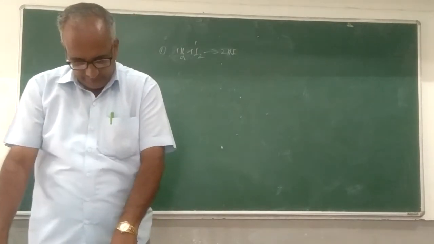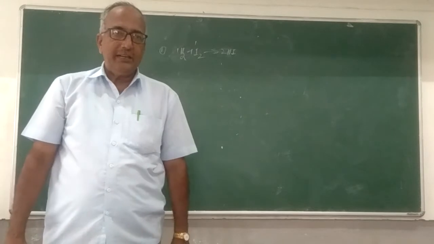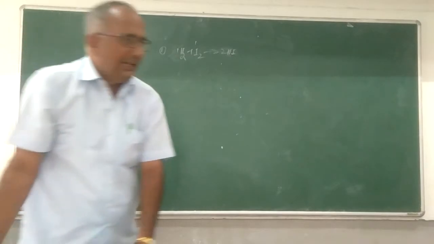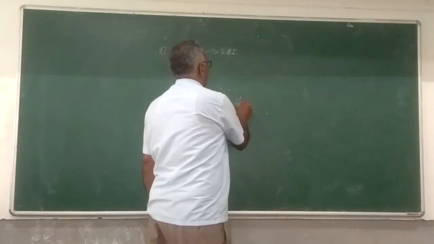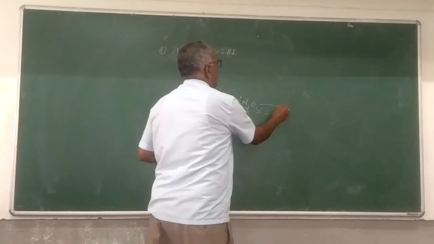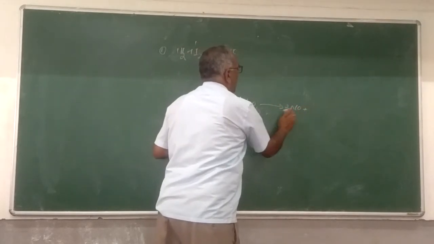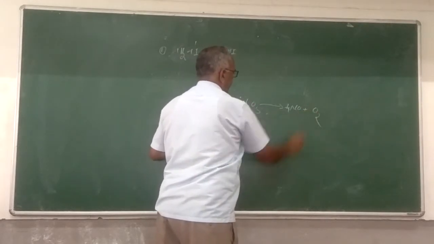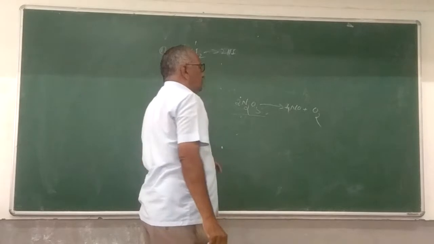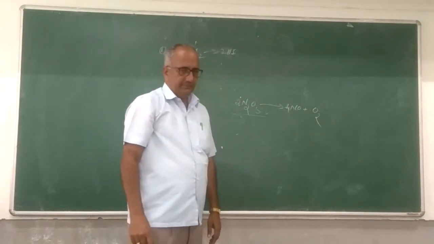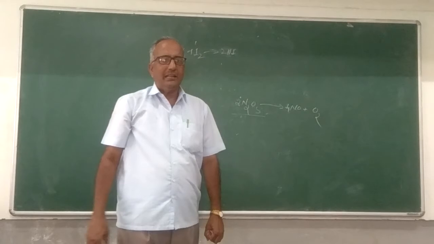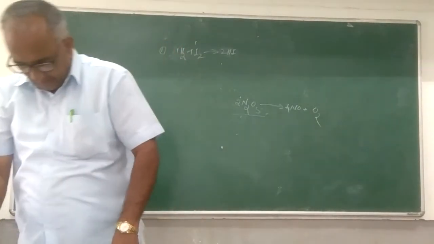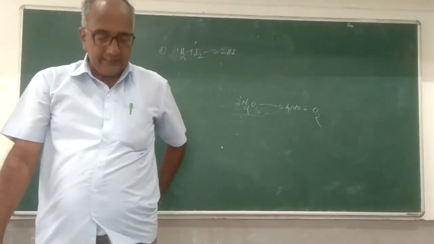If you observe the decomposition of nitrogen pentoxide into nitric oxide and oxygen, theoretically it seems to be a second order reaction, but when you observe experimentally it is a first order reaction, because initially the nitrogen pentoxide gets decomposed into nitrogen dioxide and oxygen.